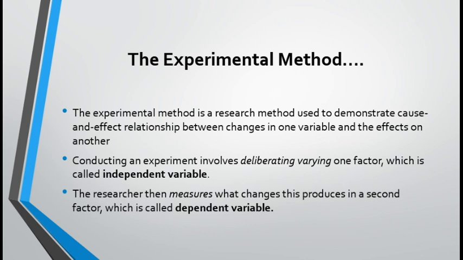Conducting an experiment involves deliberately varying one factor, which is called the independent variable. The researcher then measures what changes this produces in a second factor, which is called the dependent variable. So the dependent variable is so named because changes in it depend on variation in the independent variable.